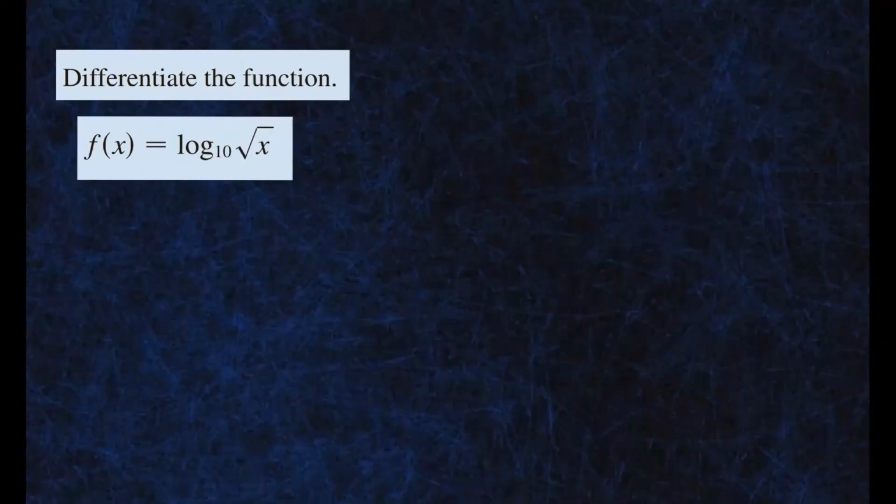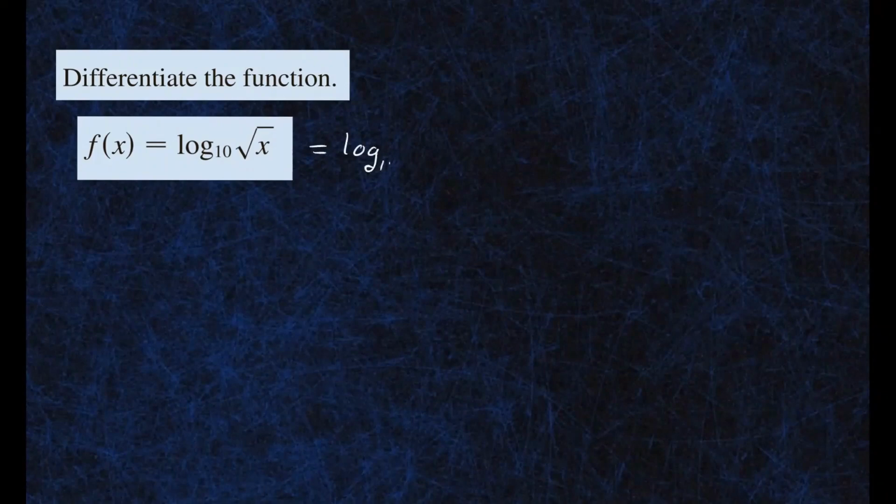So here's the next example. Again, we want to find f prime of this function, logarithm base 10 of square root of x. Now I'm going to rewrite again before we differentiate. So I can rewrite this as log base 10 of x to the power of 1/2. Now here I'm going to be using one of the laws of logarithms to bring this power in front of the logarithm.